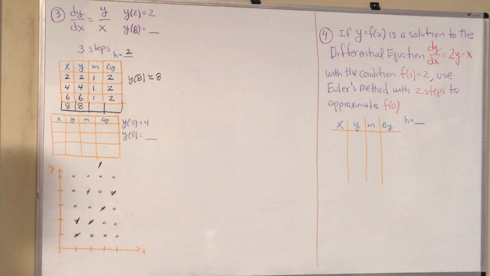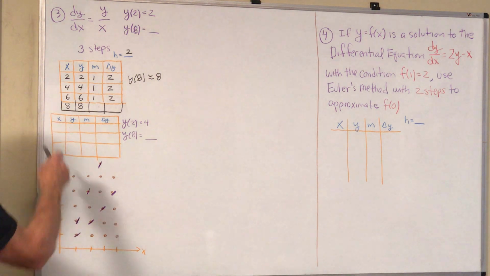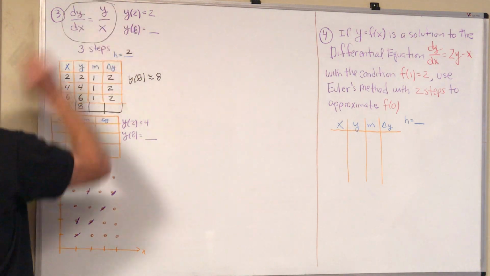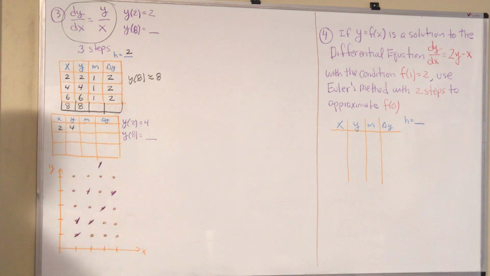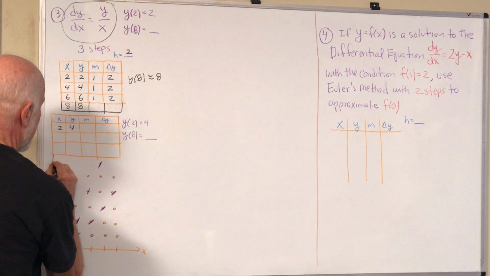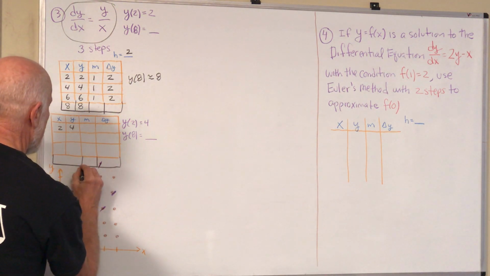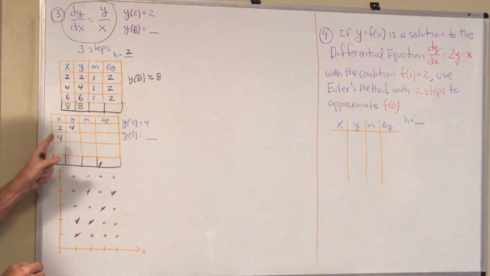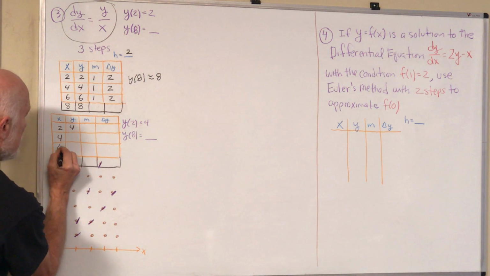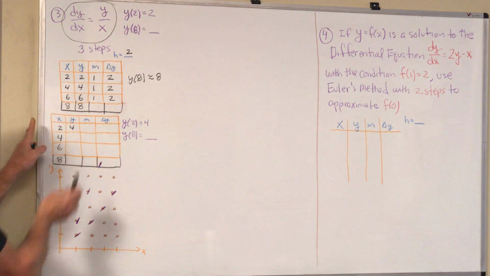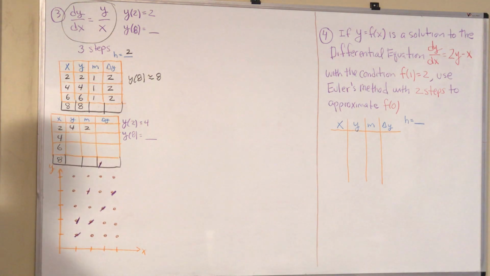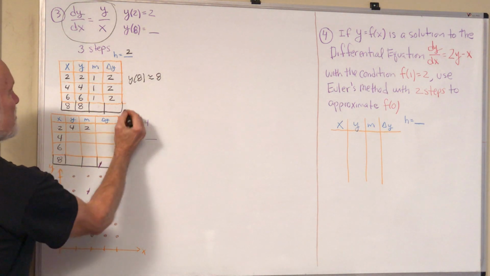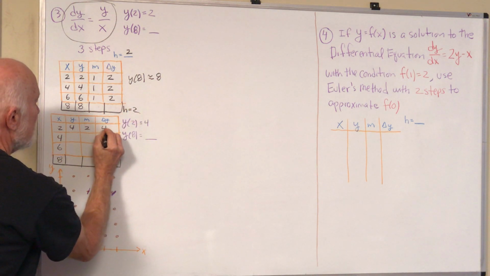Now, what if the initial condition, say the same differential equation, was y of 2 equals 4. What would we approximate y of 8 to be? We're still going to make a step size of 2, but now when you look at the slope, y divided by x, 4 divided by 2 is 2. 2 times, we still have an h of 2, is 4.